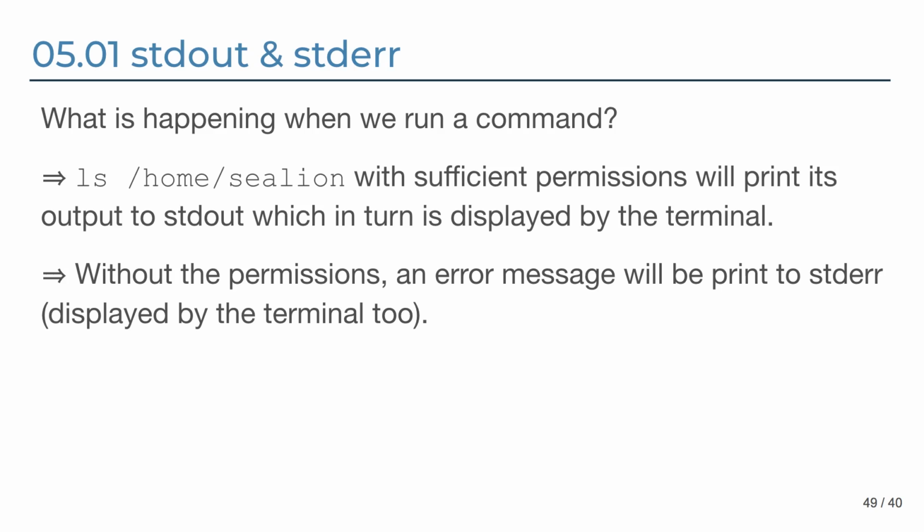So again, what happens when we run a command? Let's dive into it. If we run ls on the home directory, and we have the permissions, so we shouldn't be tux who runs that command, then the output gets sent to standard out, and the terminal program always displays our standard out after we run the command.